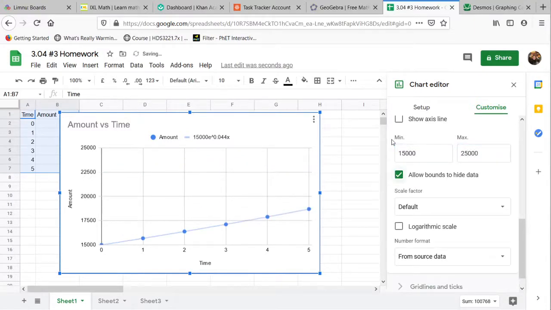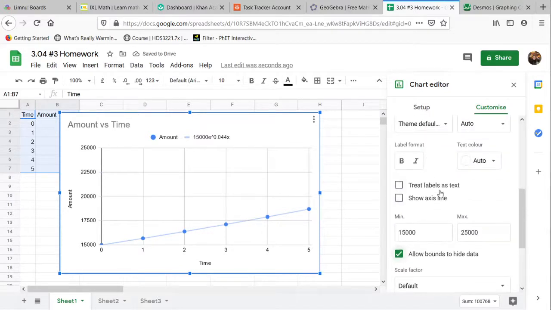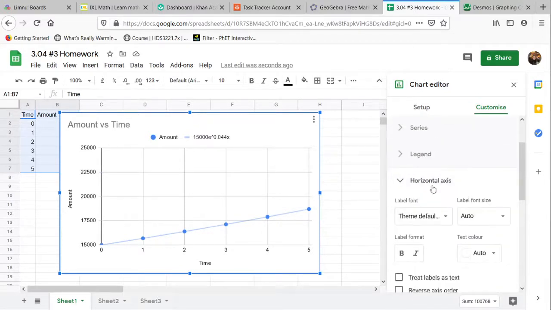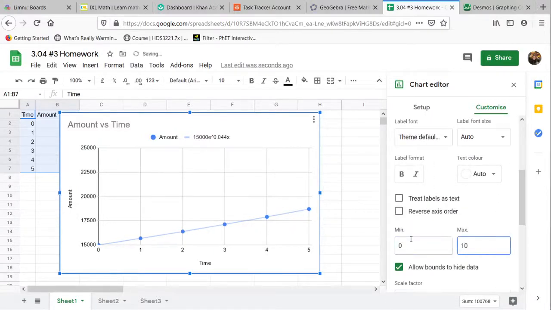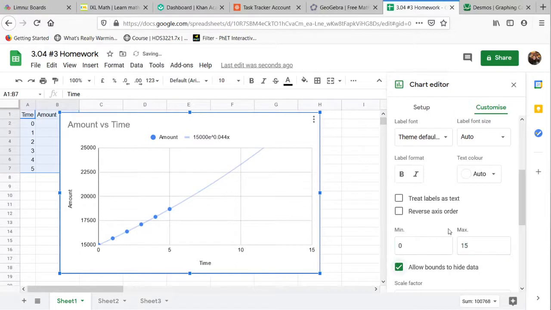We want our max at 25. And for our horizontal axis, let's keep our minimum value at 0, but let's make our max 10. It looks like we're going to need more than 10 years to get to our 25,000. There we go.